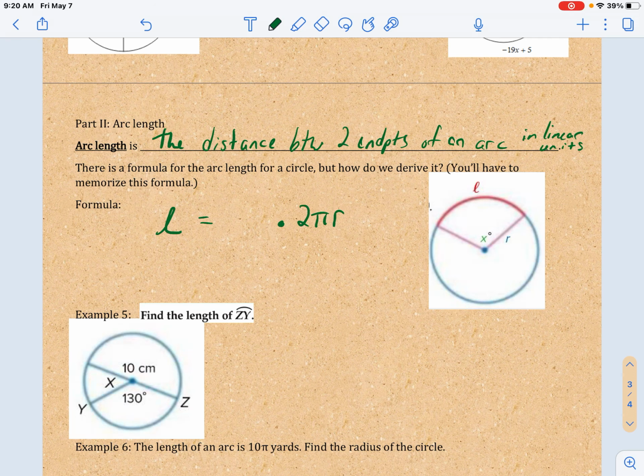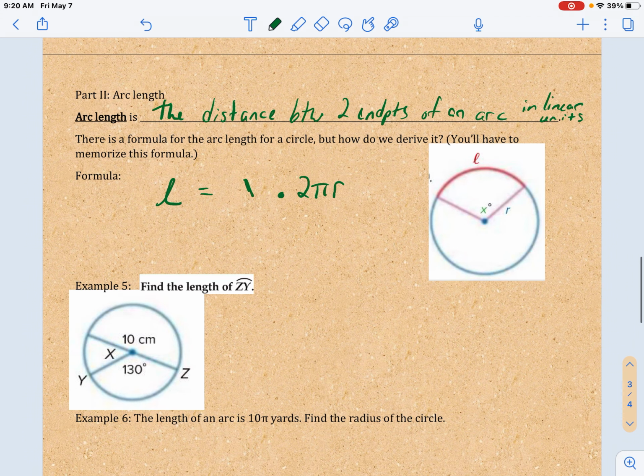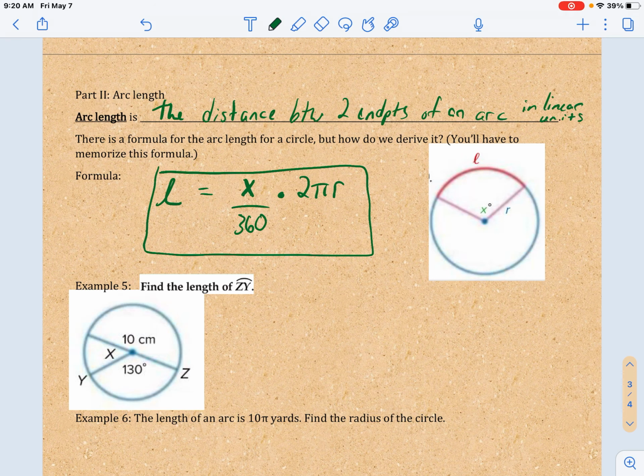So that's where the x comes in. The x is an angle, let's say 60, but that's part of a total circle, 360 degrees. So that's where we get our fraction from. It's one portion of the circumference. For example, if x was 90, the arc length would be 90 over 360, which is 1/4, times 2 pi r.